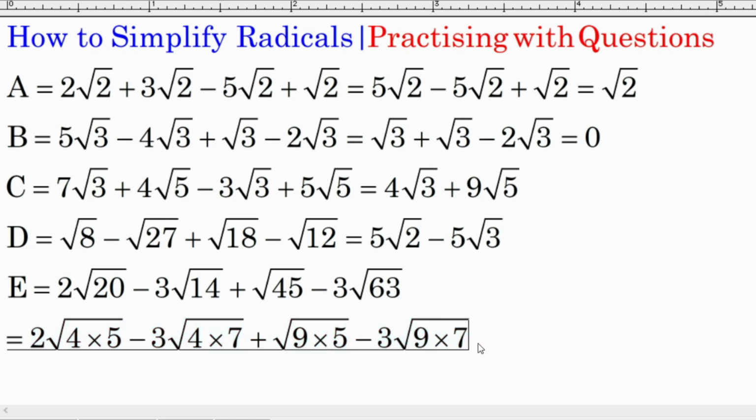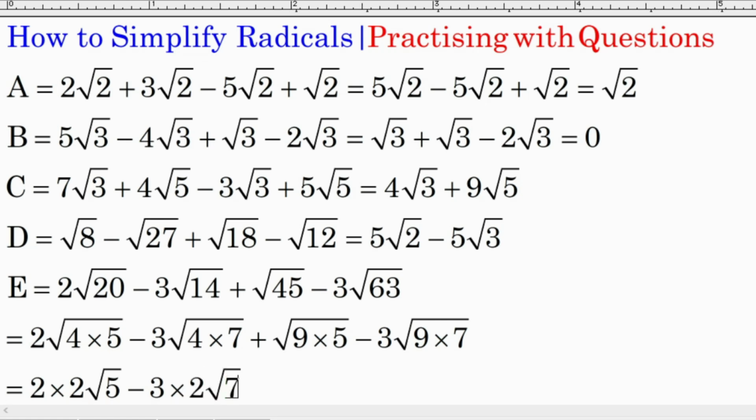So this equals 2 times 2, since 4 gives us 2, and then square root of 5, minus 3 times 2 square root of 7, because 4 under the radical gives us 2, and then plus 3 square root of 5, because 9 gives us 3.